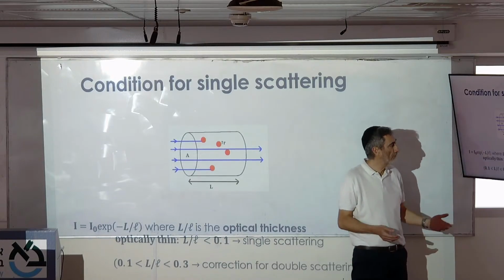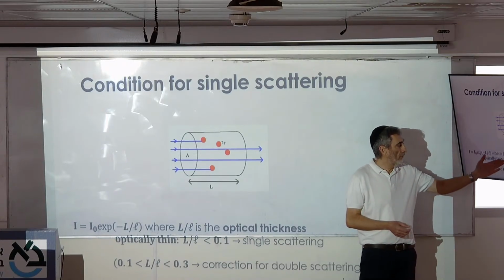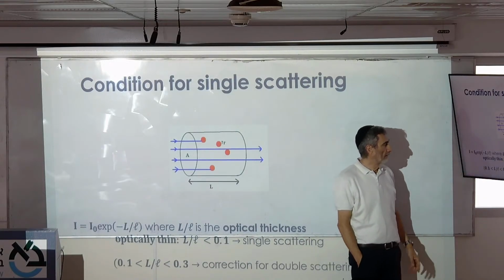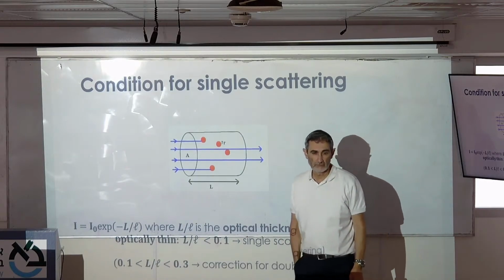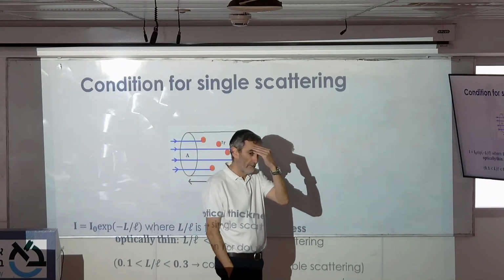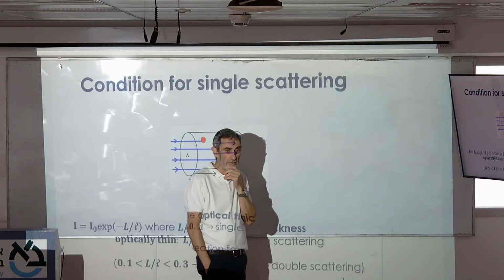You can fix any number, but the mean free path has to be larger than L. Then the exponent will be almost equal to zero and I equals almost I0. Yes, almost.